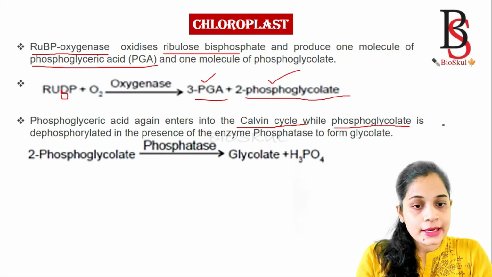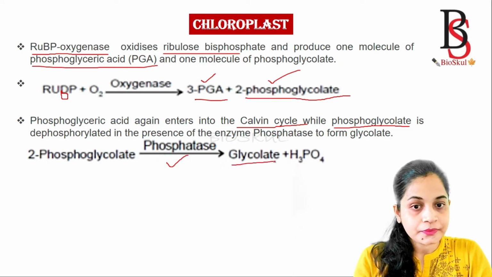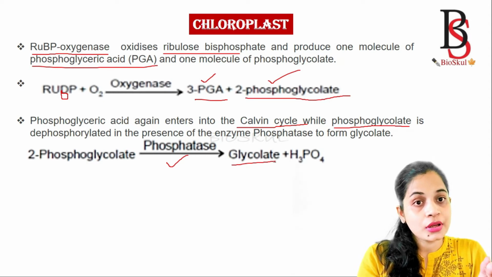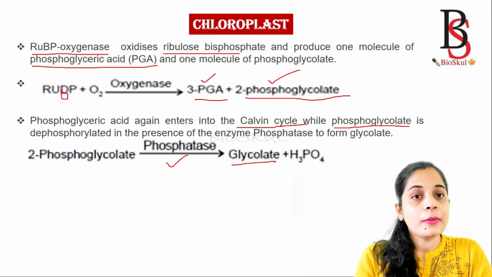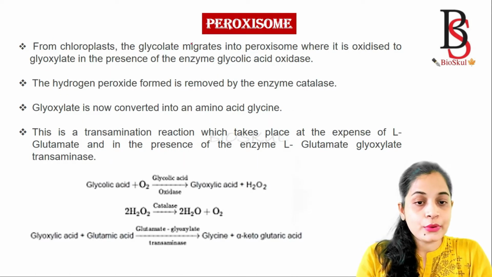In the next step, this phosphoglycolate will be dephosphorylated by the enzyme phosphatase into glycolate. Then this glycolate will enter into the peroxisome. From the chloroplast, the glycolate migrates to the peroxisome.